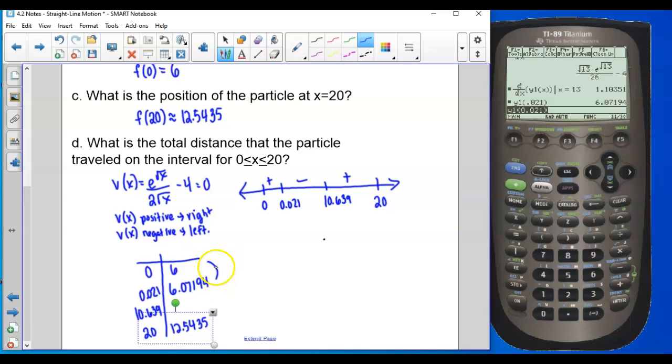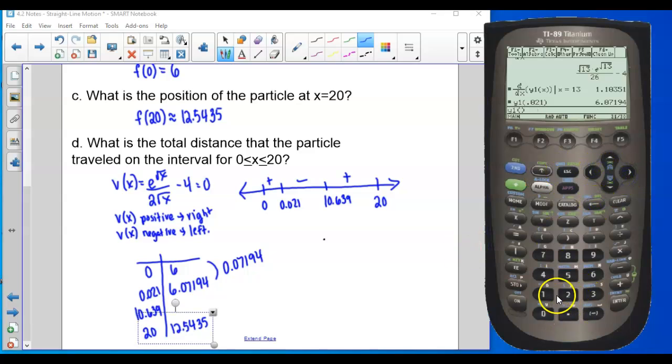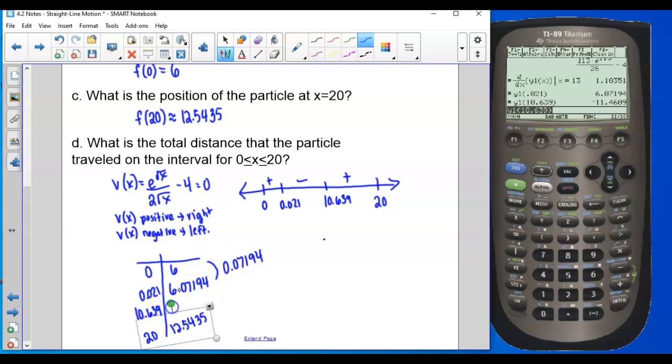If you think about how far that particle traveled, it's just that 0.07194. And then if we type in our position at 10.639, we're going to get negative 11.4609.